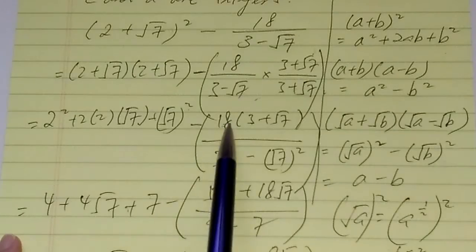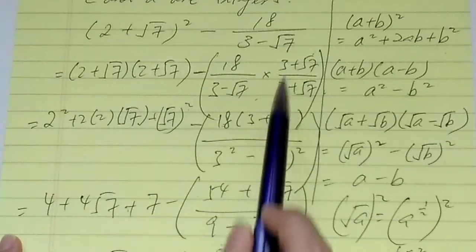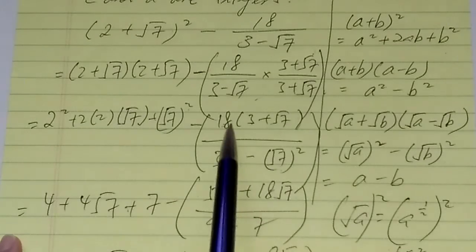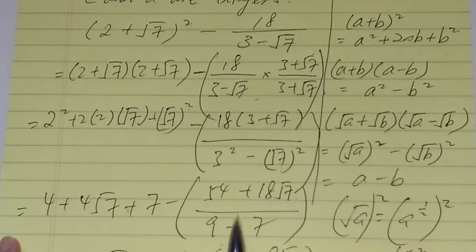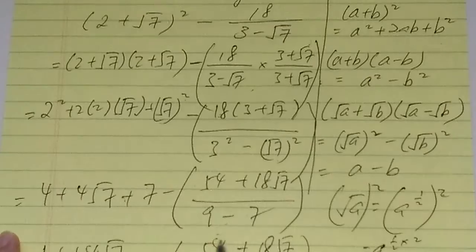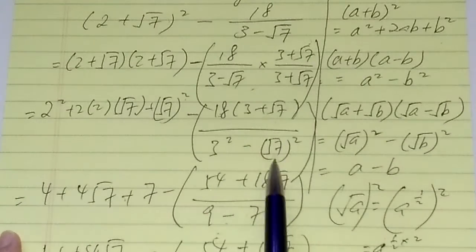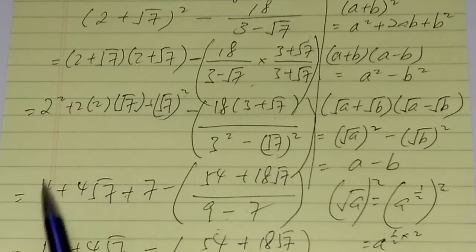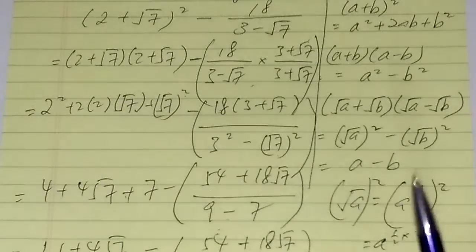So 18 times 3, 18 times √7, when you remove the bracket. The denominator, if you use the formula, becomes 3² minus √7², so it will be 9 minus 7. Just tidy up the maths.